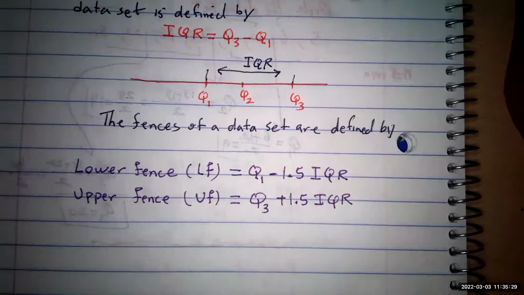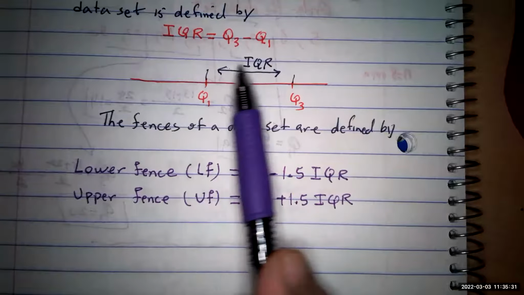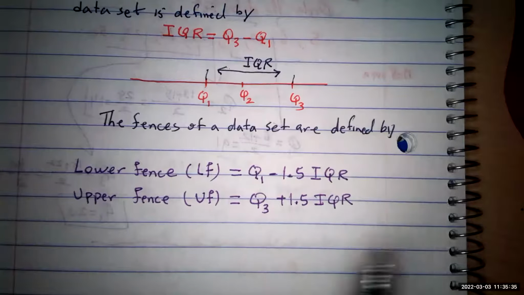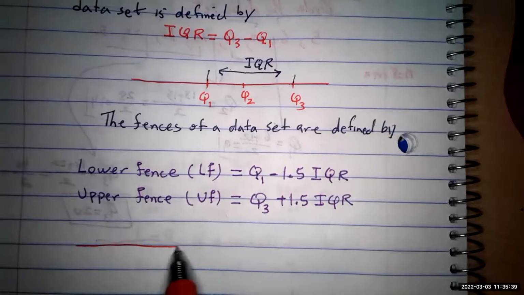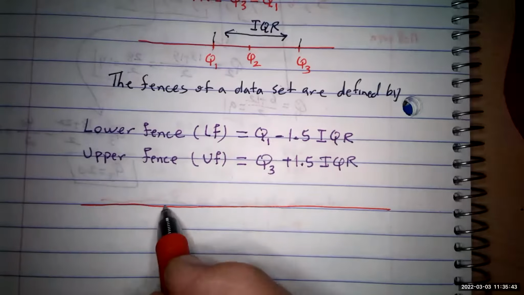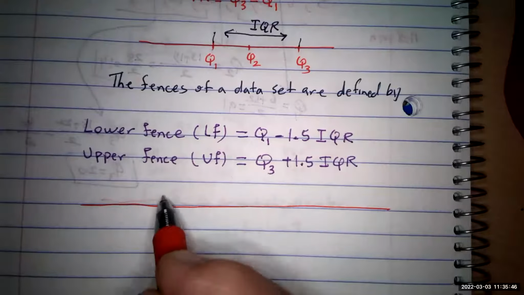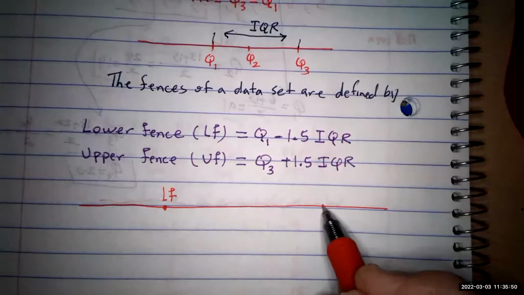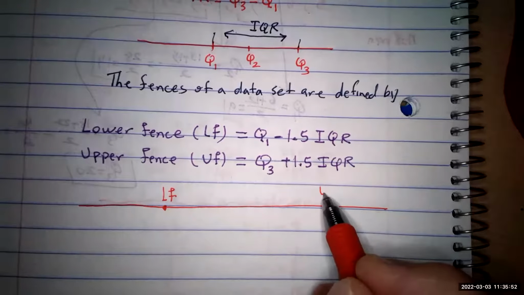So you already got the Q1 and the Q3. Find the difference, that gives you IQR. You substitute here, that gives you an interval. So you identify this interval. For your interval, you start with the lower fence and you end up with the upper fence.